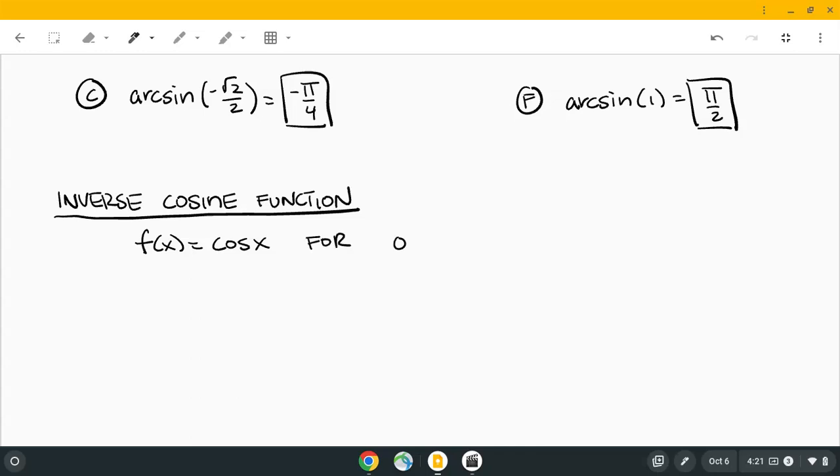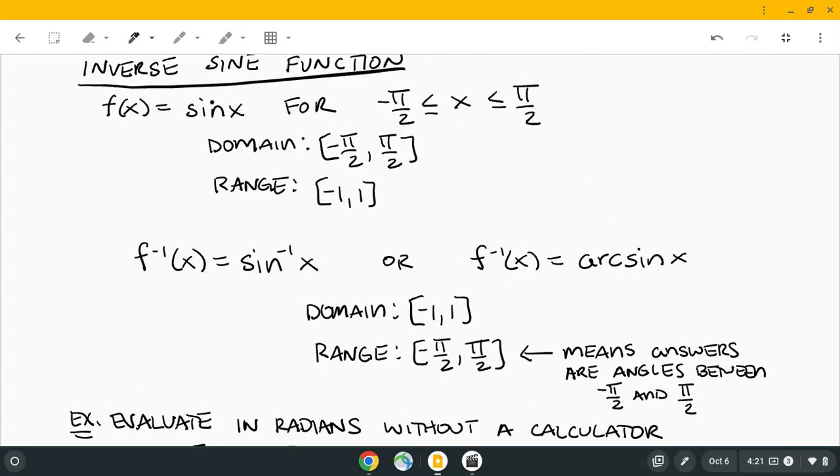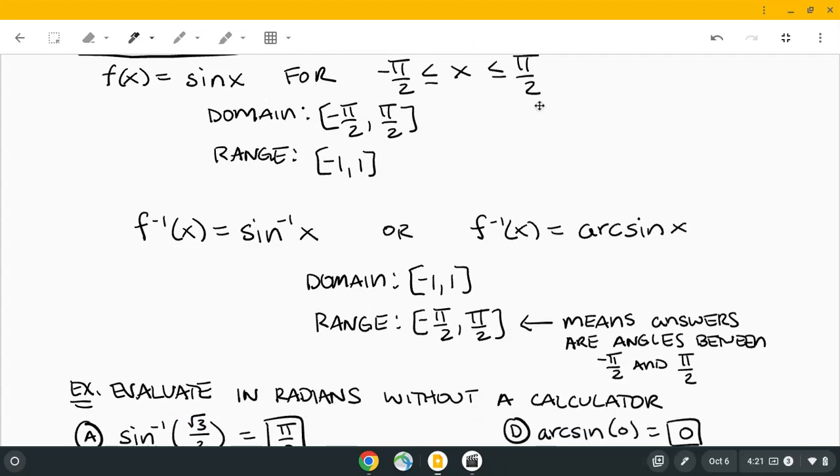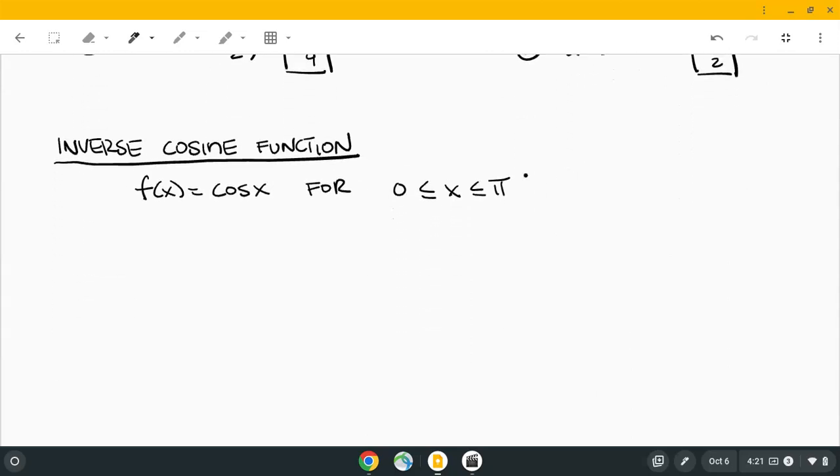This time, cosine is being restricted between 0 and pi. Very different from sine. Sine is being restricted from negative pi over 2 to pi over 2. So you need to make sure that you really pay attention to that. So we're restricting our x values to values between 0 and pi.